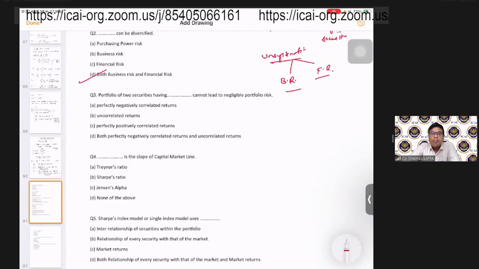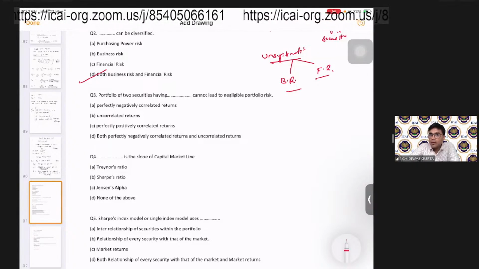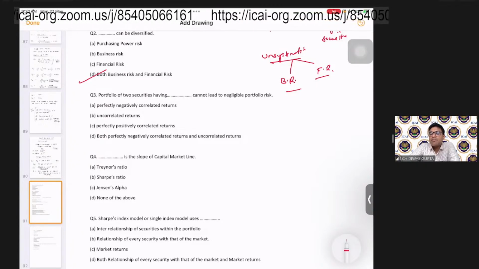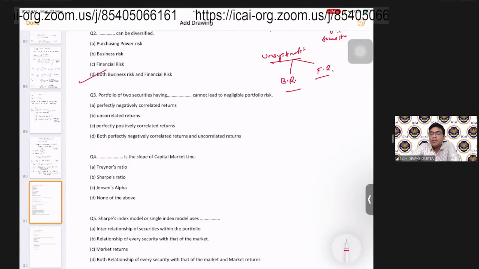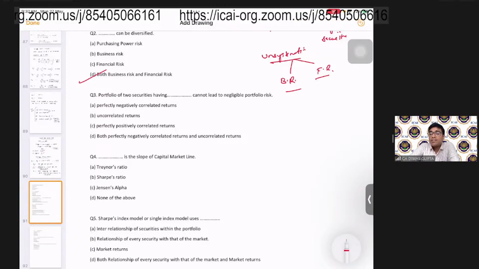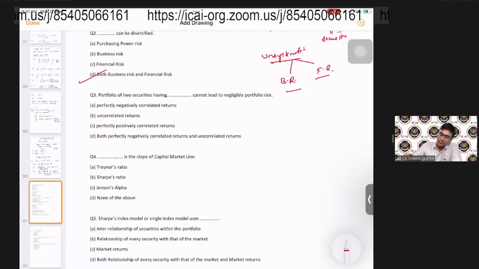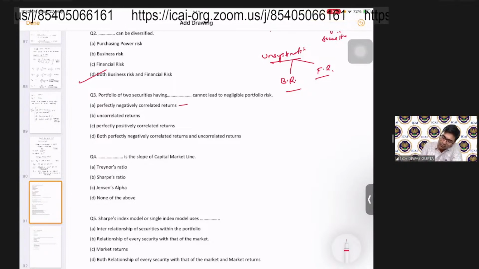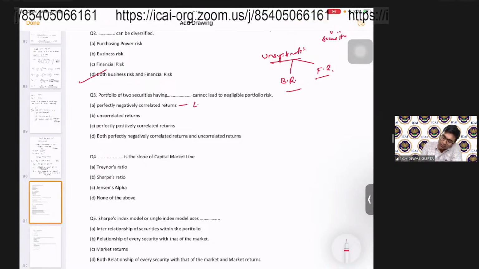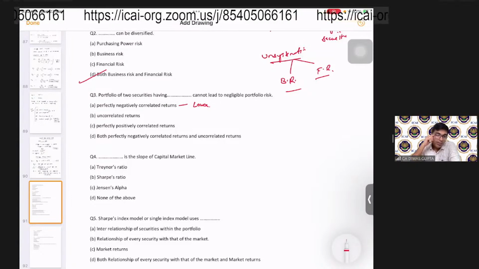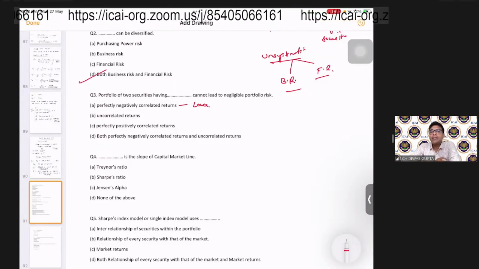One is perfectly negatively correlated returns. If the portfolio of two securities have perfectly negatively correlated returns, then the portfolio risk will be higher or lower? Abrikesh, please understand my question again.